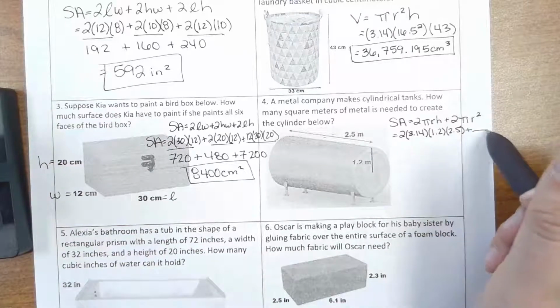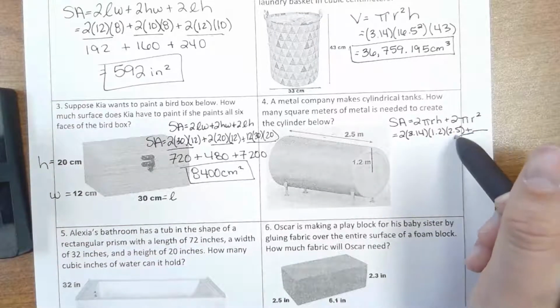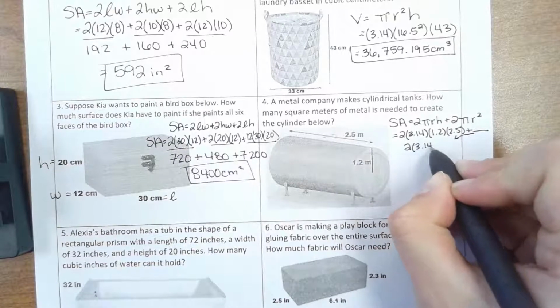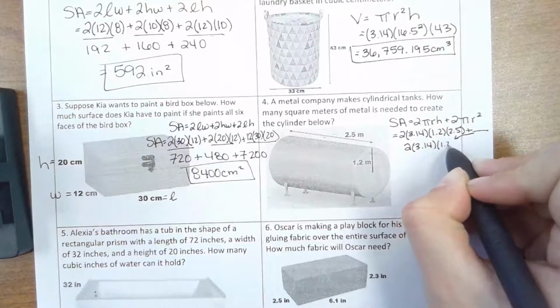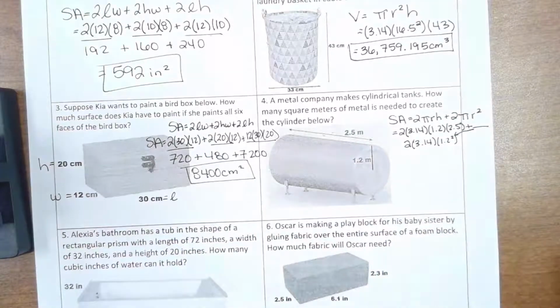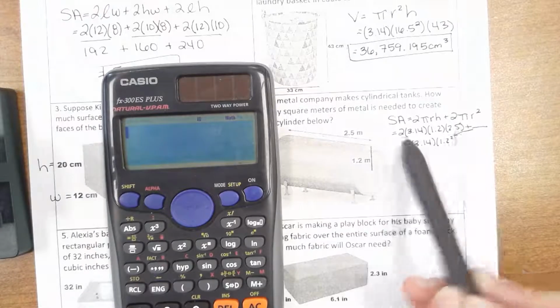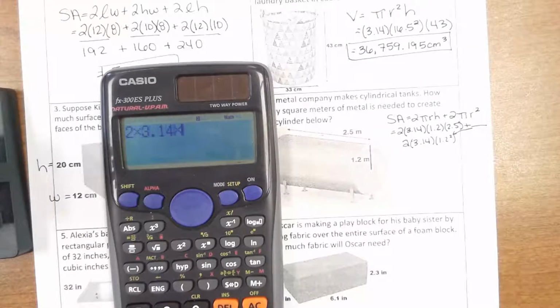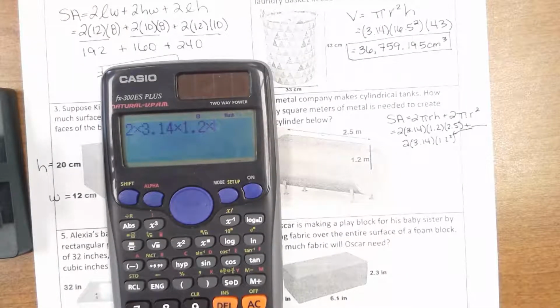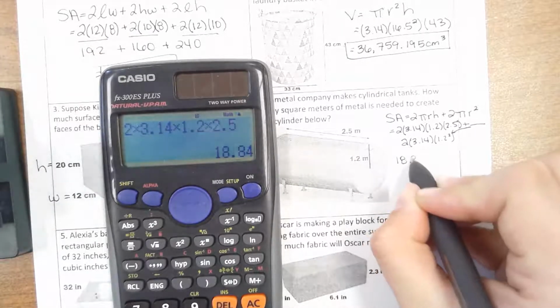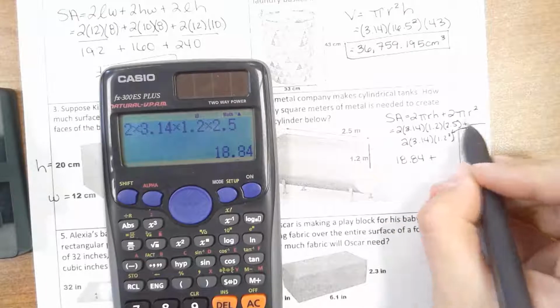Plus, and I'm going to run out of room, so I'm going to do it down here. So we have plus 2 times 3.14 times our radius squared. All right, so let's do the first multiplication part first. So 2 times 3.14 times 1.2 times 2.5 gives us 18.84. Then we are going to add the second part.